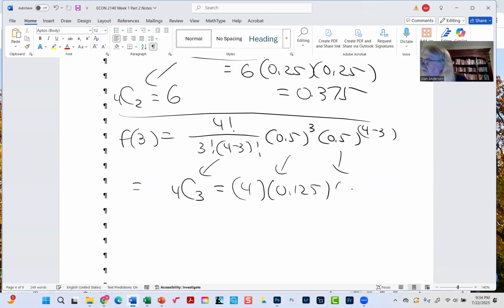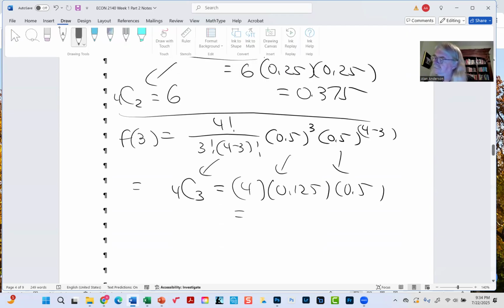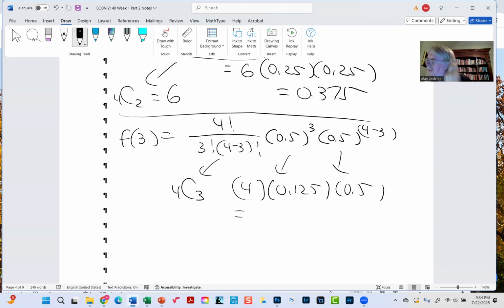And then this is just 0.5. Okay, so when you multiply those out, you get 0.25. And then finally, F of 4.